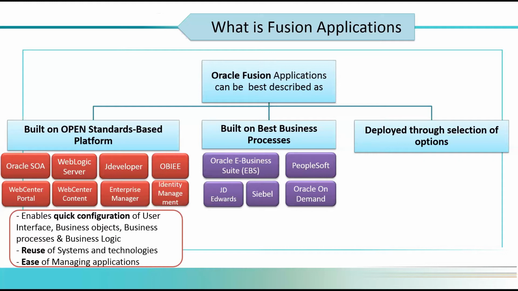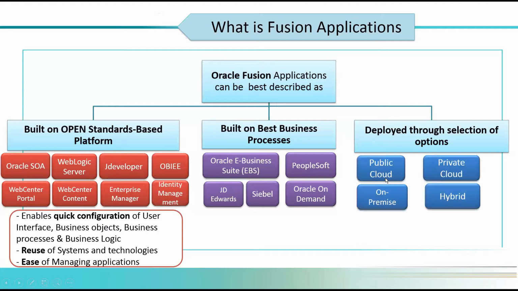Now, when it comes to Fusion Applications, it offers us multiple deployment options. It offers you the option to have your Fusion application running on the cloud. When we say running on the cloud, it can be two types of cloud. One is a public cloud, the other is a private cloud.